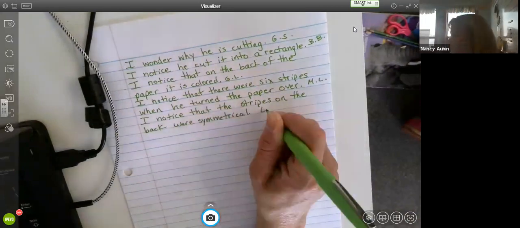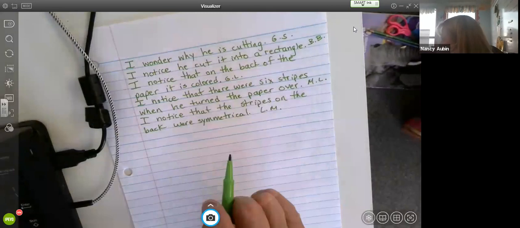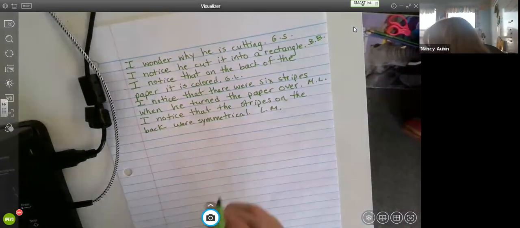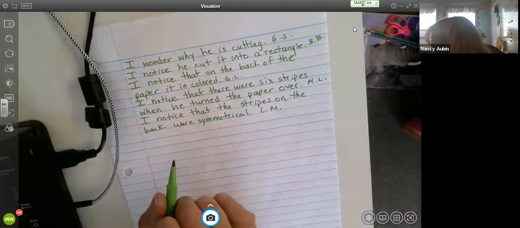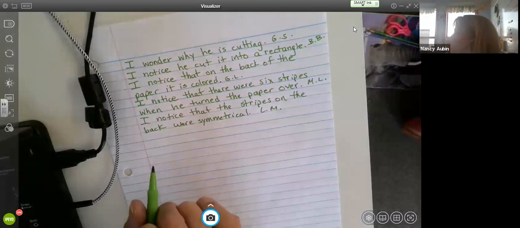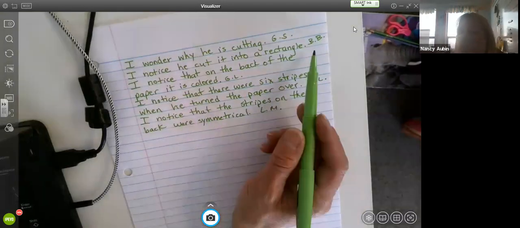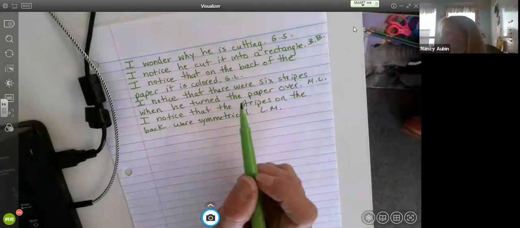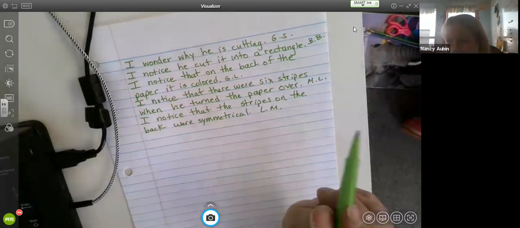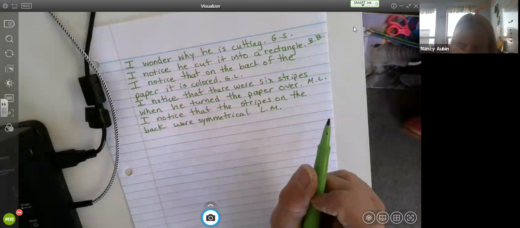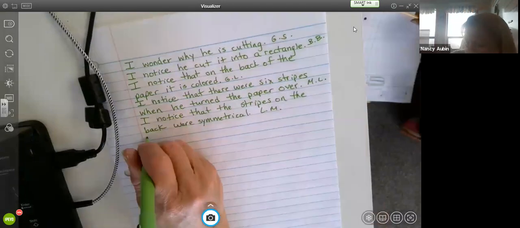And Elena, Bob? I noticed that he was cutting a square in the middle of a piece of paper. Was it a square or a rectangle? Okay, so you agree with Ben. What are you thinking, Sunny? I wonder how many rectangles did we have to cut with the one piece of paper? Okay, so Sunny's is a little different.